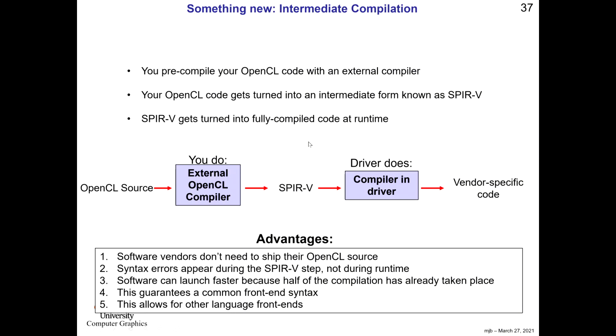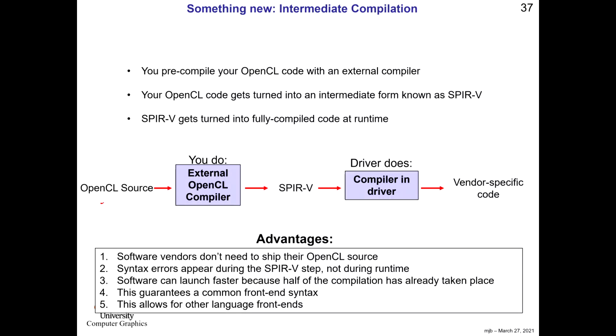Okay, this is a new way. It's not the new way because you can still use the old stuff. It doesn't replace the old stuff, it augments it. But if you want to, you can get the SPIR-V external compiler, and it's the same one that Vulkan uses.